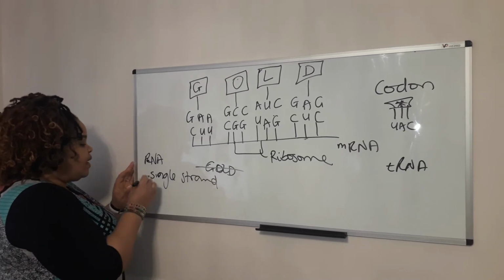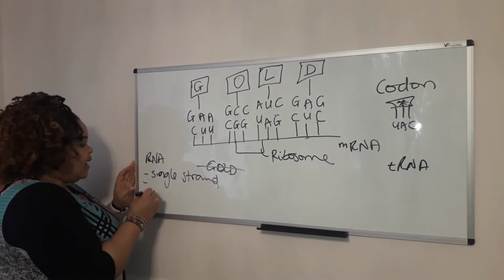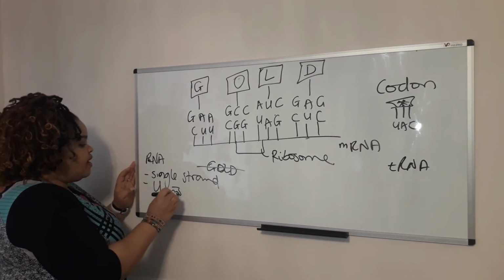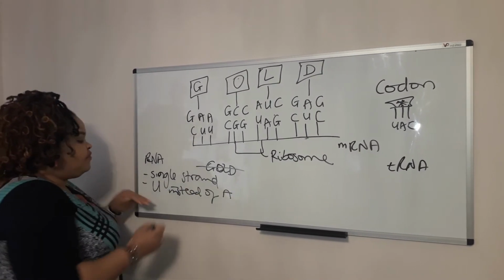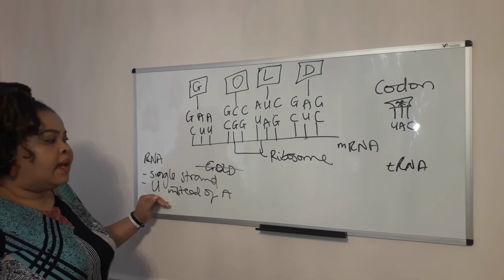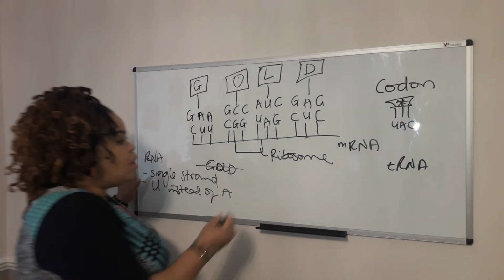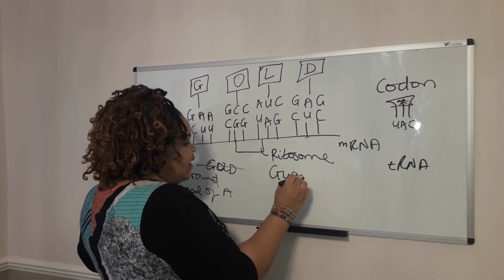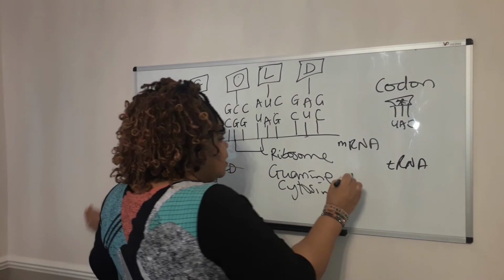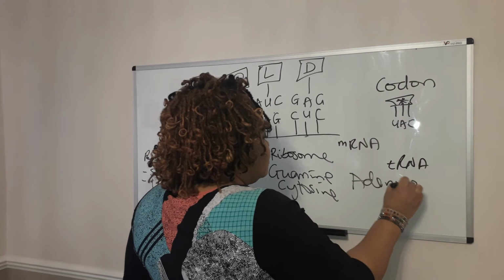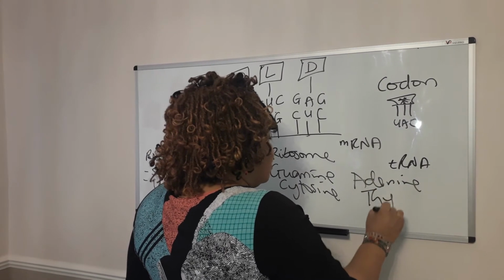DNA is double strand, and apart from that, RNA has a U instead of a T. These are different types of bases. By the way, if you want to just know, the G is guanine, the C is cytosine, the A is adenine, and the T is thymine.